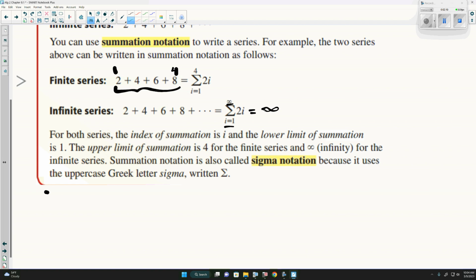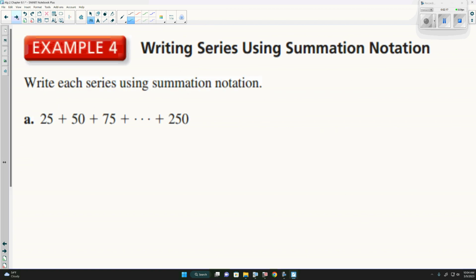But for us to be able to do the summation of a finite or infinite series, we need the rule for it. So if we're going to write this in summation notation, we do have a starting point and we do have an official ending point. Going from one term to the next, we are adding 25 to it.